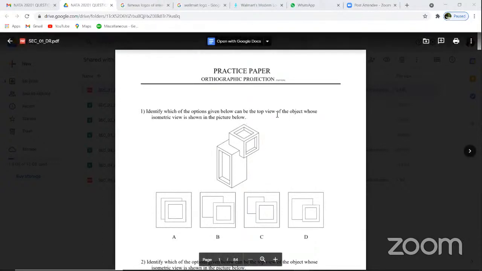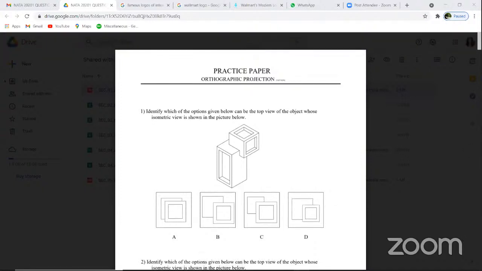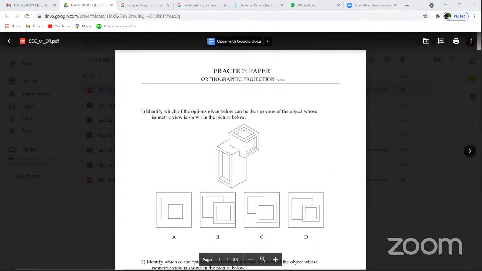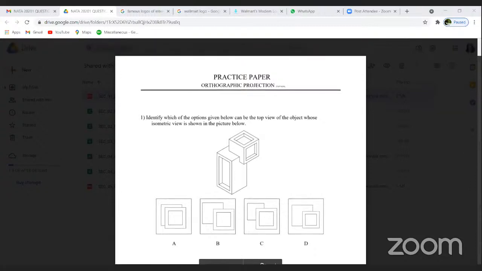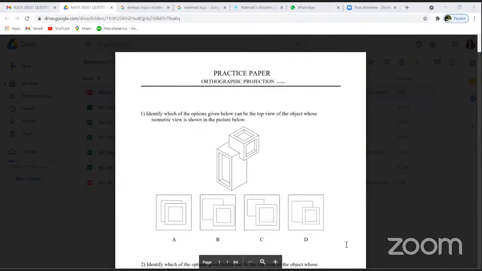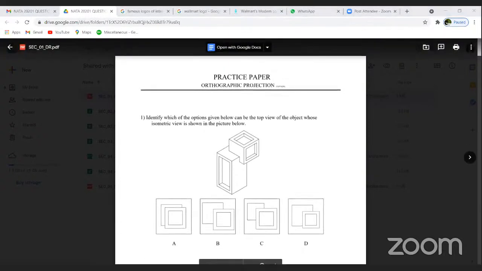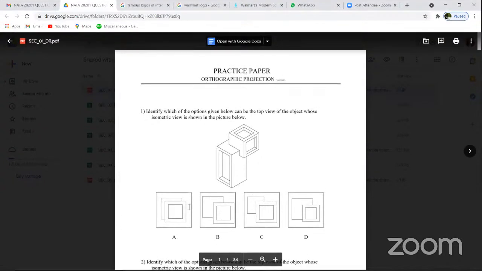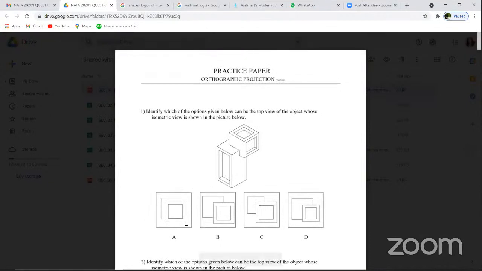Now they have asked what is the top view. Now this is the isometric view. How will it look from the top? Option B. B option, correct. Now, why is it not A option?